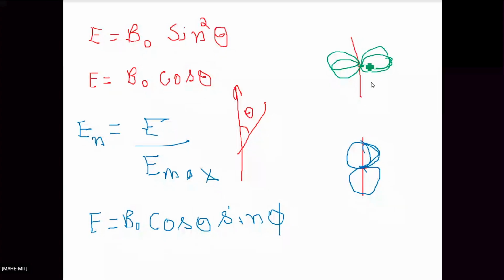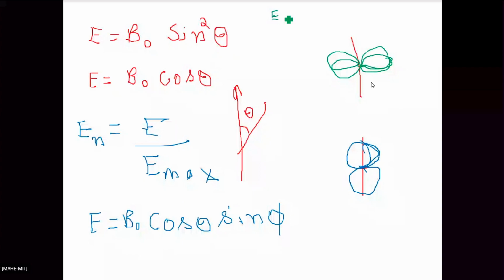Now how do we find the half power point? Suppose E is equal to B naught sin theta. How will you find the half power point?